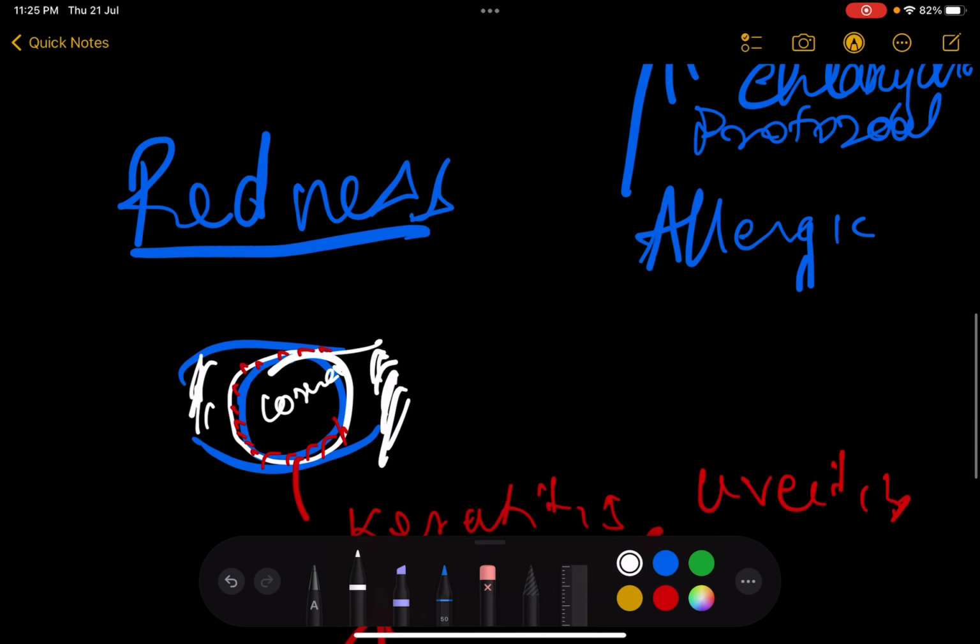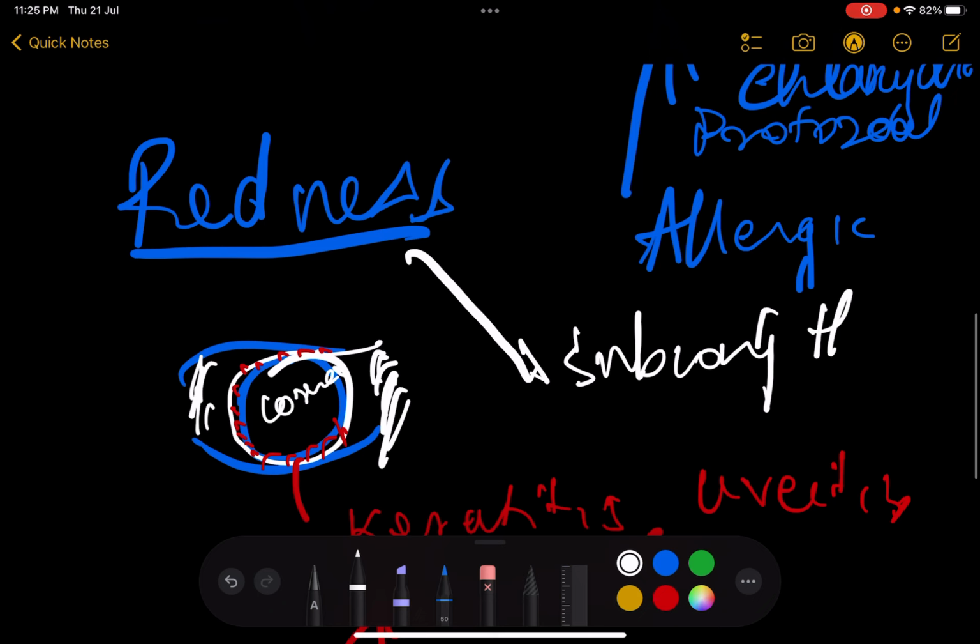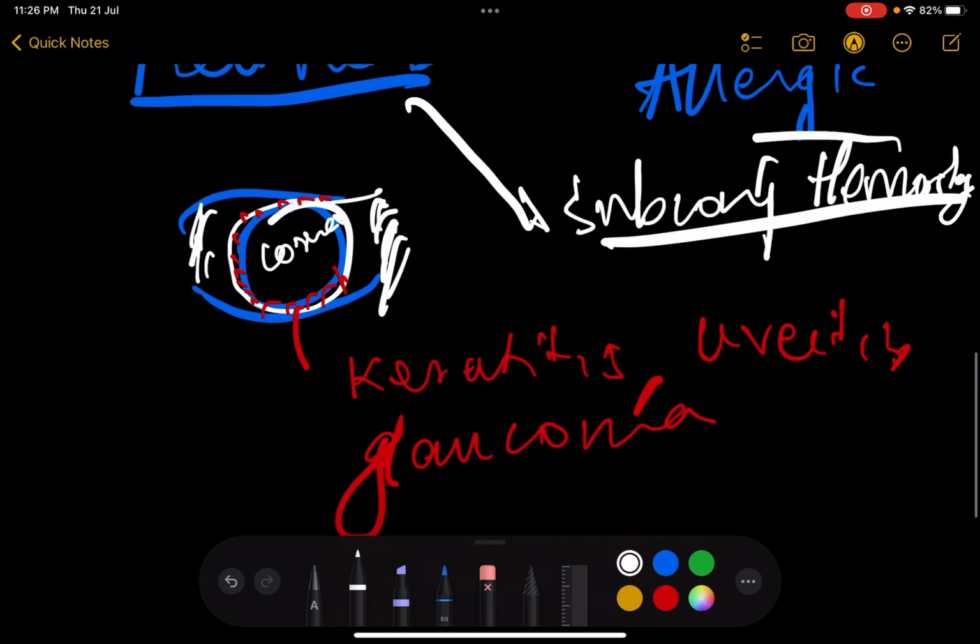Now when I'm talking about redness, certain people also confuse it with subconjunctival hemorrhage. Subconjunctival hemorrhage is not characteristically a part of conjunctivitis, but it is also seen.